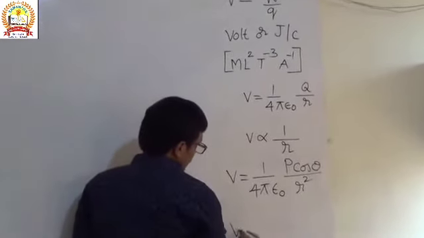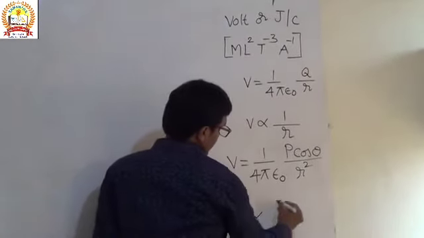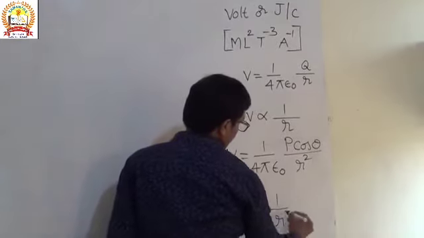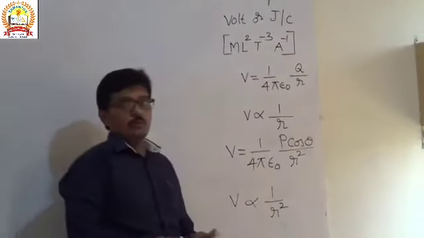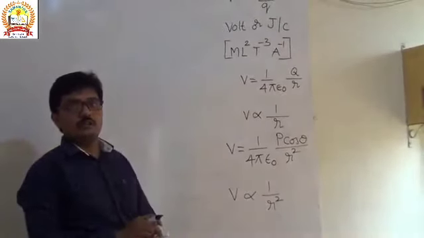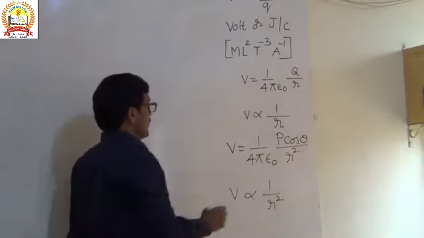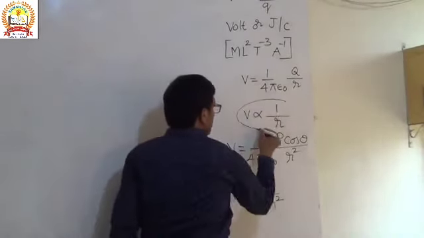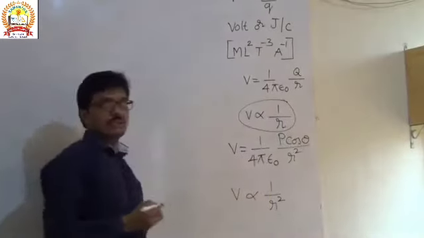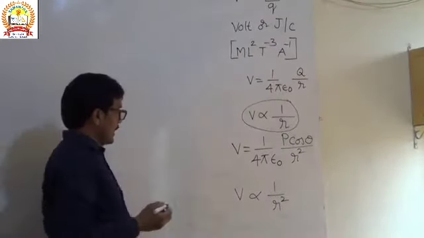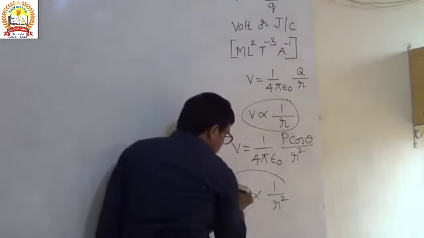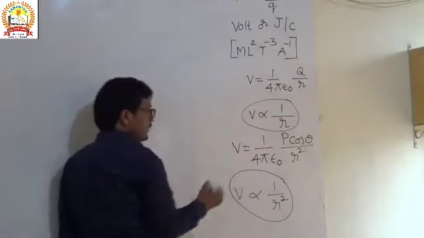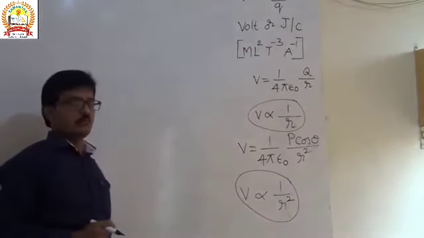And then V is inversely proportional to the square of the distance. Potential due to a point charge is inversely proportional to the distance, and potential due to a dipole is inversely proportional to the square of the distance.